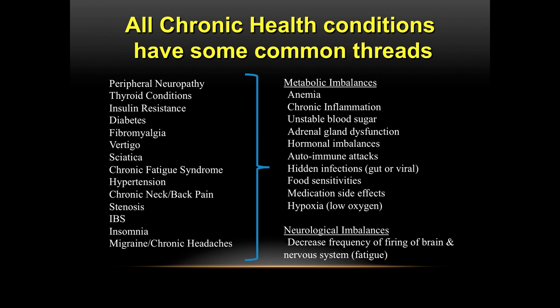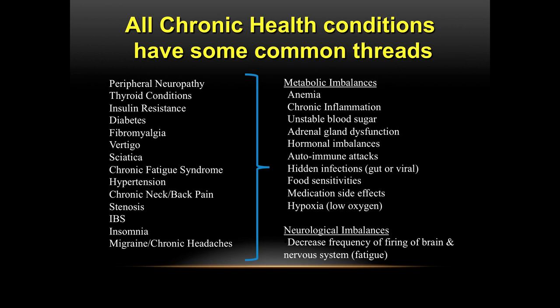We're all well aware of diabetes and the blood sugar issues. But it could be other things like autoimmunity, sometimes hidden gut infections, low oxygen, so hypoxia, anemia. These all can create peripheral neuropathy. And in turn, it will decrease the frequency of firing of the brain and the nervous system, creating fatigue and then degeneration of the brain.